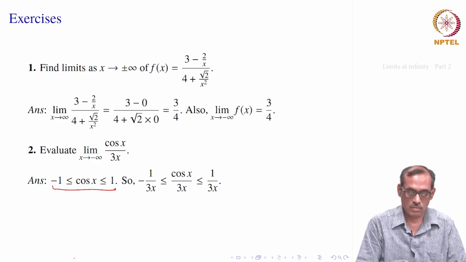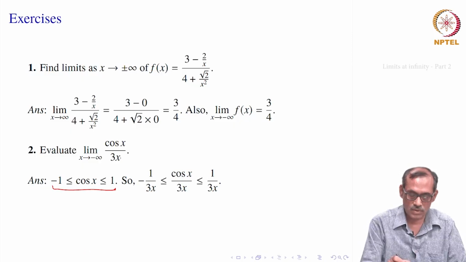So, suppose x goes to minus infinity, then what happens to 3x? If you take x to be negative, then this will change the inequalities, right. If x is negative, then 1 by 3x is also negative.